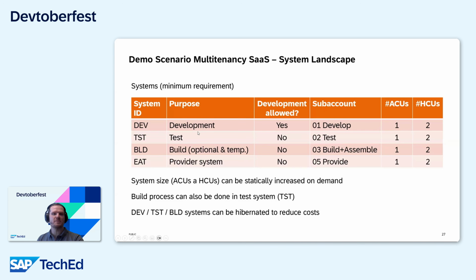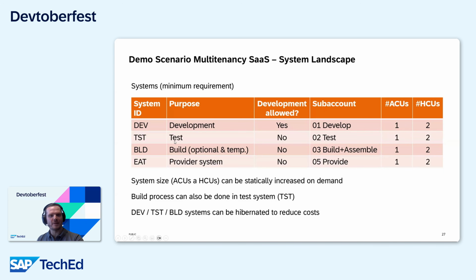From an infrastructure point of view, you see that also for the build and provider system, the minimum computing units are enough. And you see also that two systems are newly introduced.